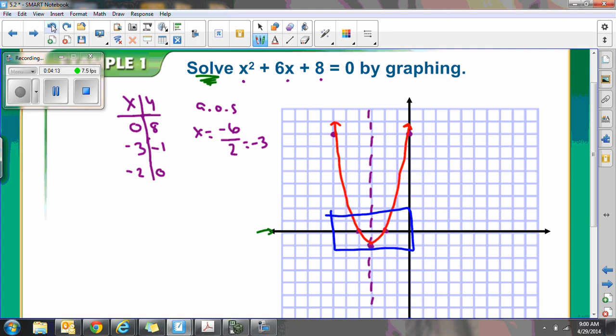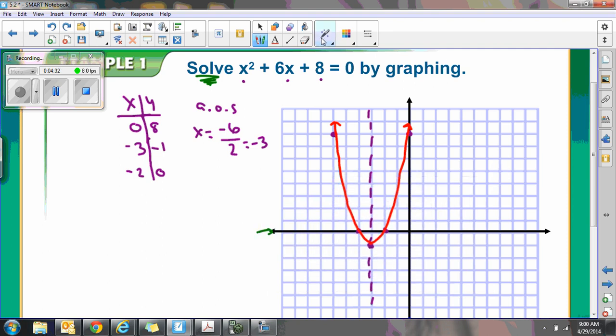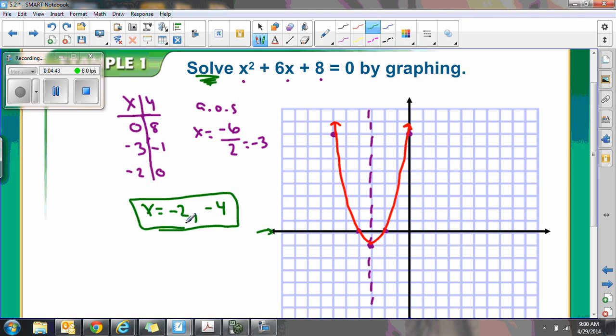Let me try that again. There we go. If we zoom in on those points, you can see clearly it touches the x-axis twice. One spot seems to be at negative 2, and the other one seems to be at negative 4. And those are, in fact, the solutions to our problem: negative 2 and negative 4.